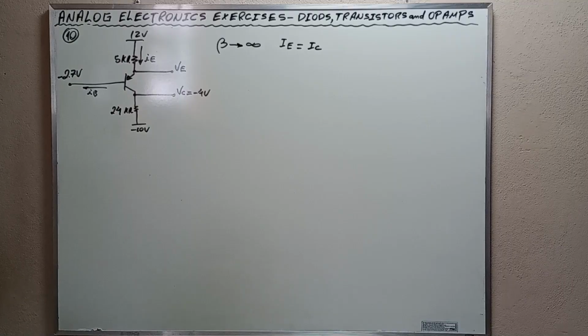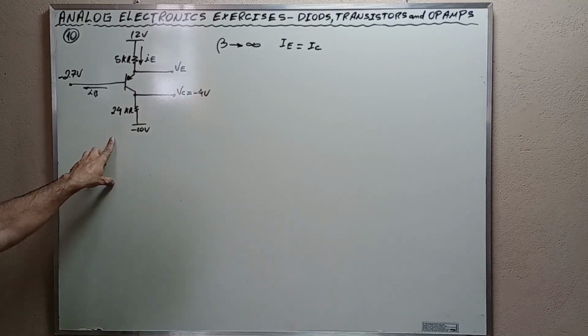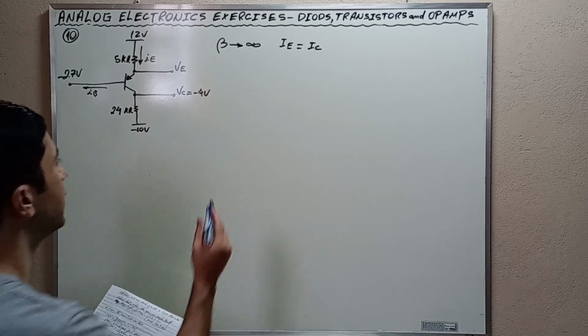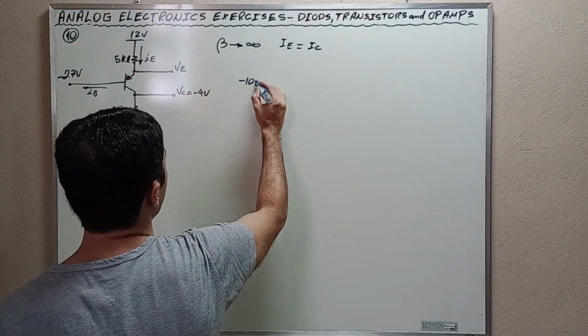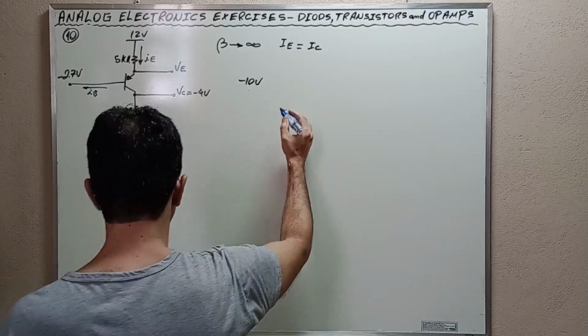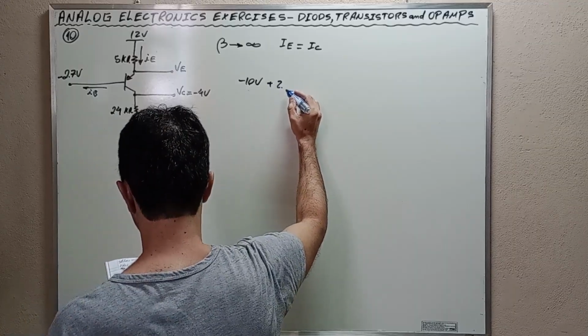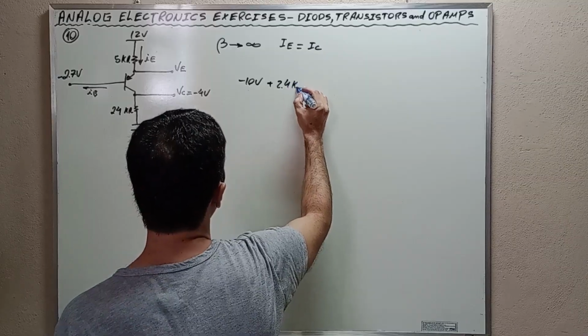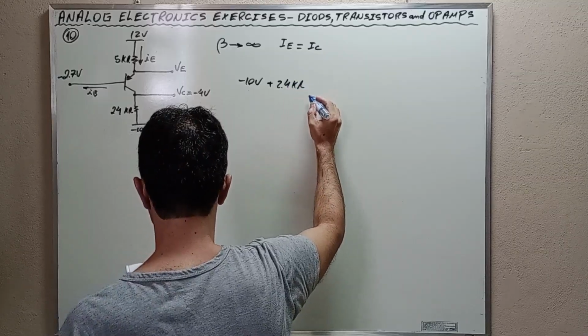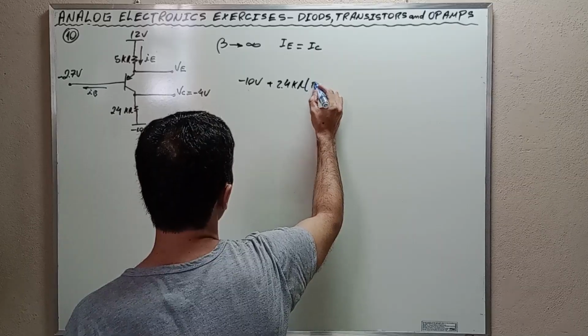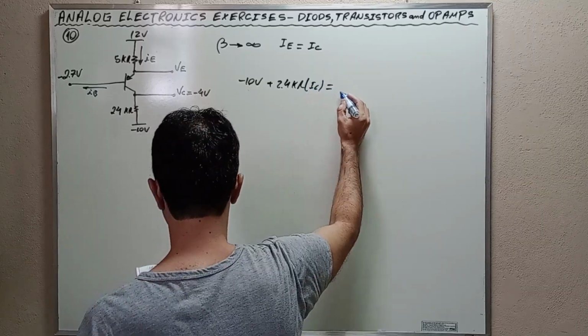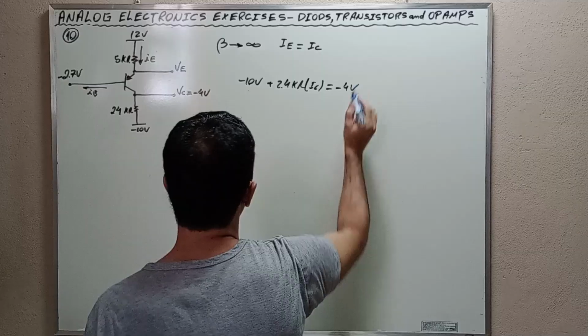From the circuit, take a look at the voltage drops: negative 10 volts plus 2.4 kilo ohms times IC is equal to negative 4 volts.